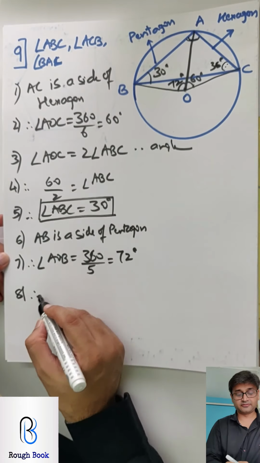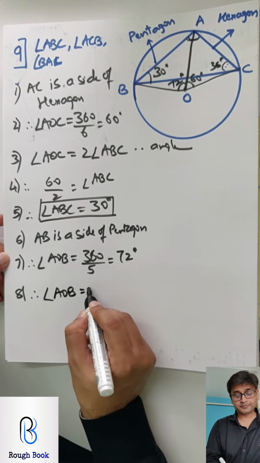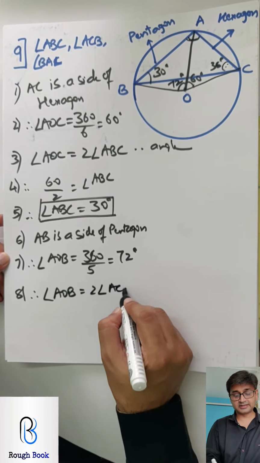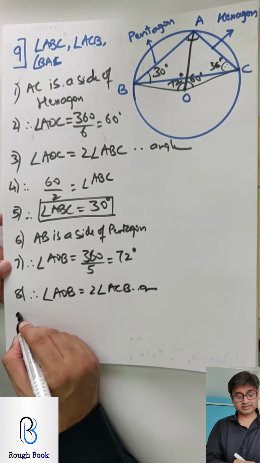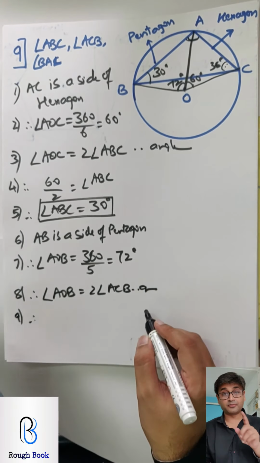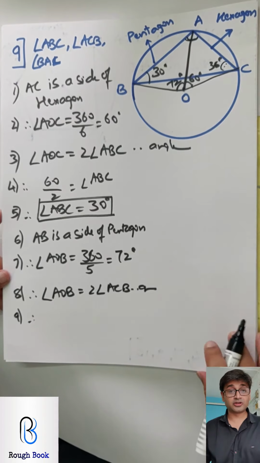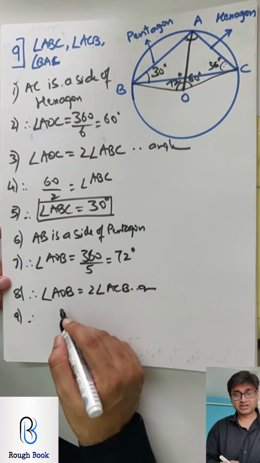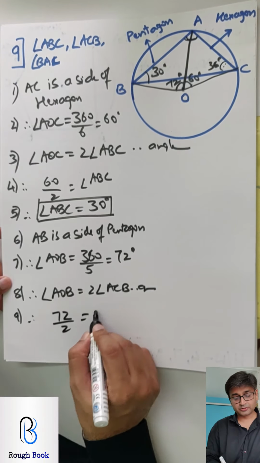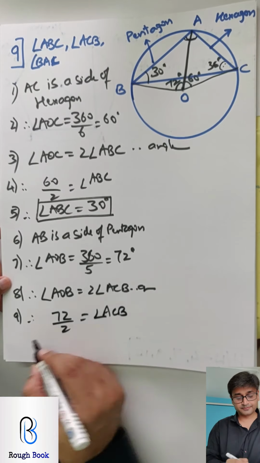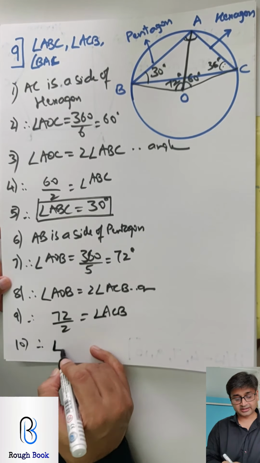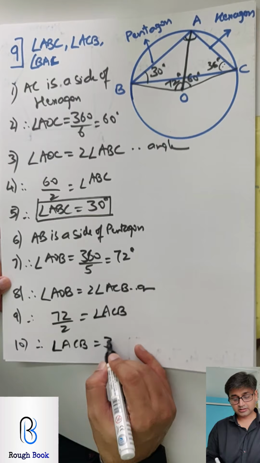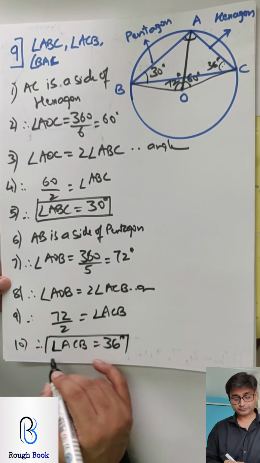Angle at the center, circumference. So AOB is double of angle ACB. Same reason, angle at the center. Please write full statements. If you don't write, your marks will be lost. So AOB 72 by 2, and you get ACB. So your second part is sorted. That is angle ACB is 36.